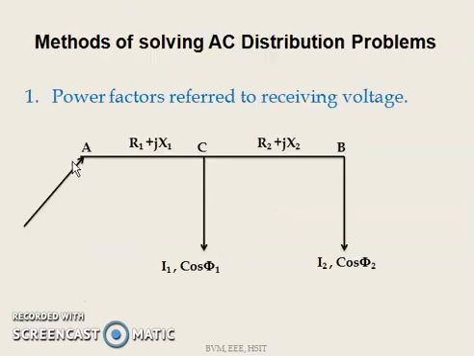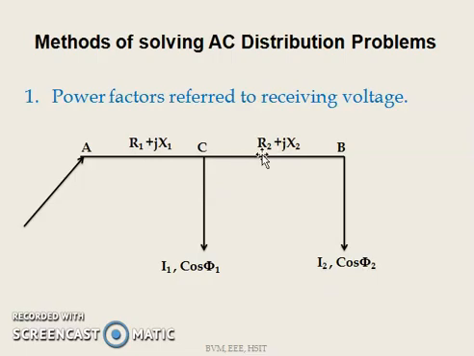See here, what is VA? VC plus VAC. This is your sending end voltage. I think you have followed this. If you have any doubts, please ask me. What I have done here: first I have taken VB as a reference, then the current in section CB is I2.